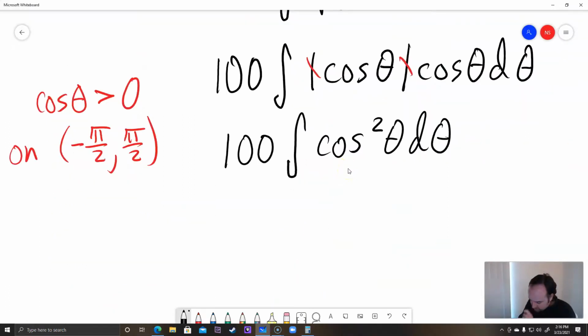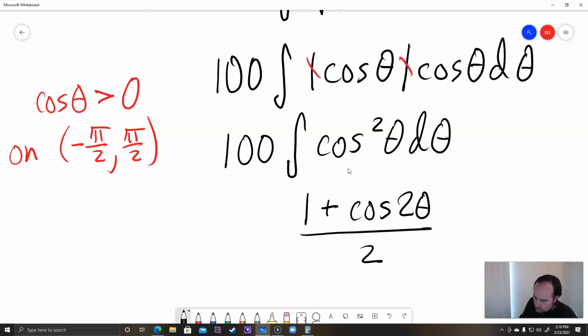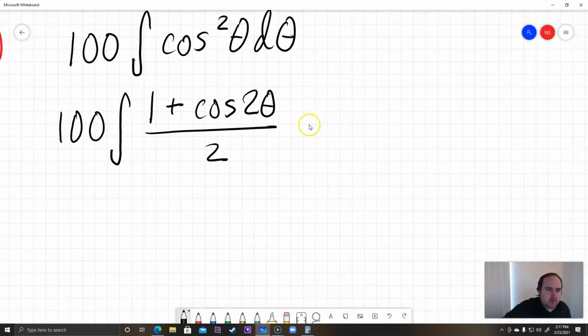So we have 1 plus cosine of 2 theta all over 2. Now, why am I choosing to use that one? Well, because I know it's easy to integrate cosine of 2 theta with U substitution, but you can't integrate the integral of cosine squared of theta d theta the way it's written. It just won't work. You can try U substitution all you want, it won't work.